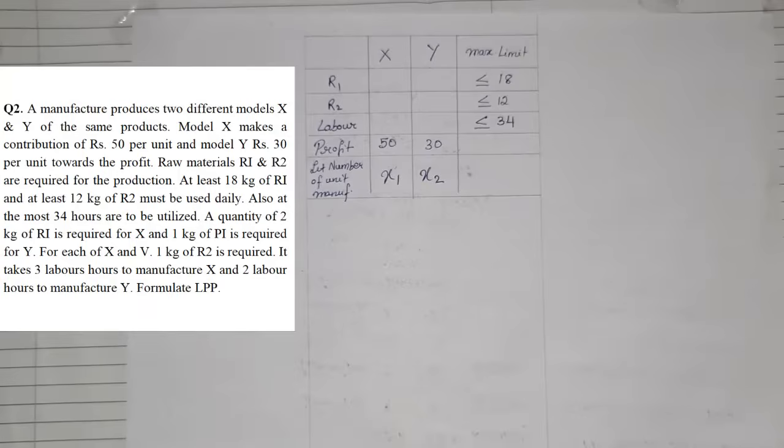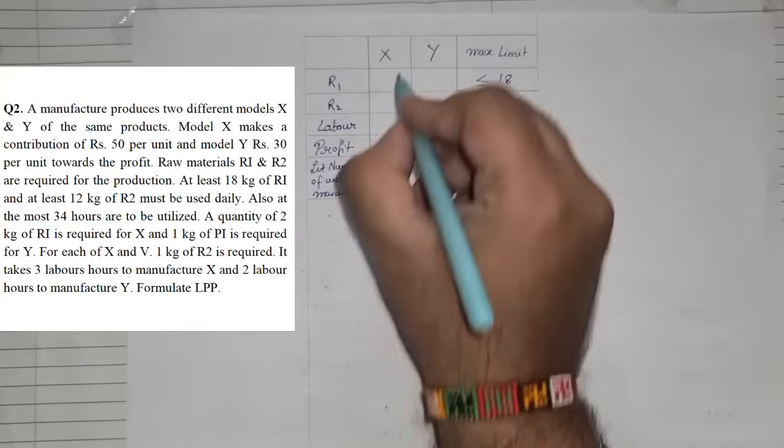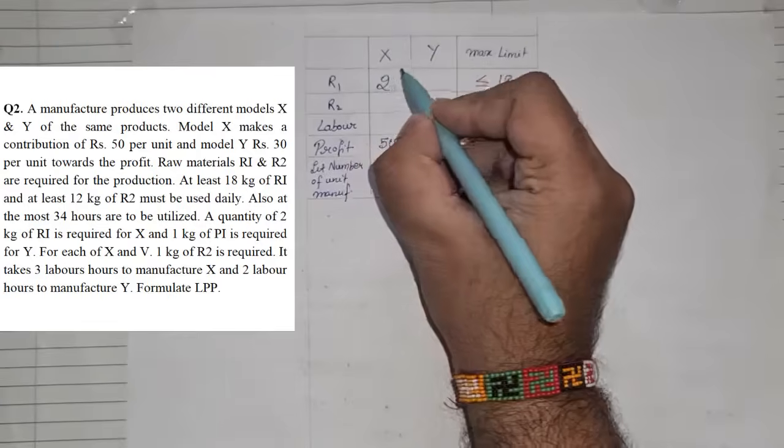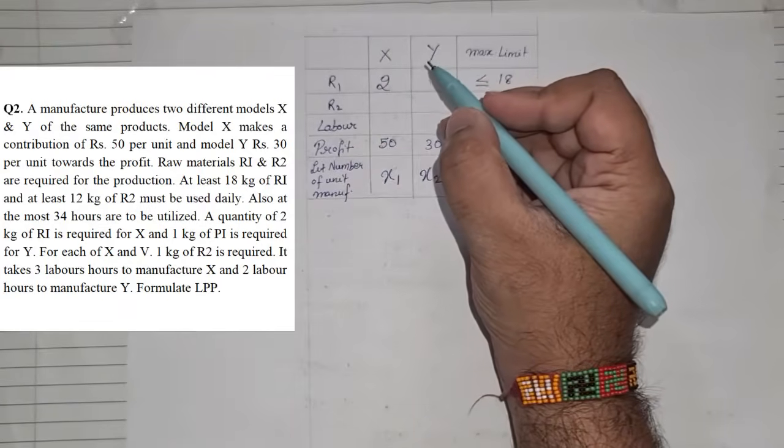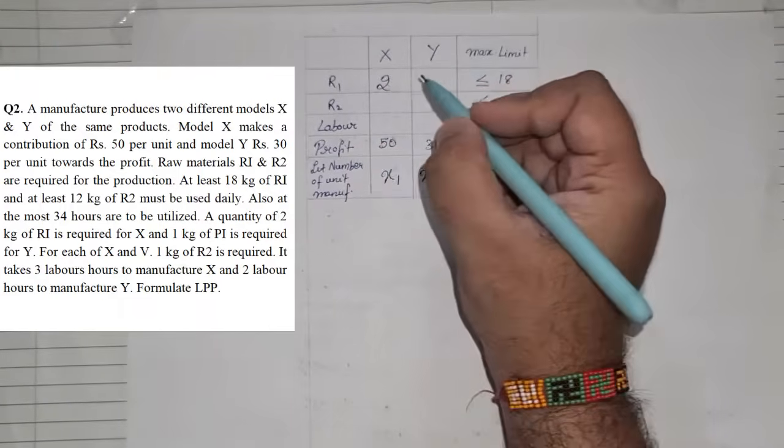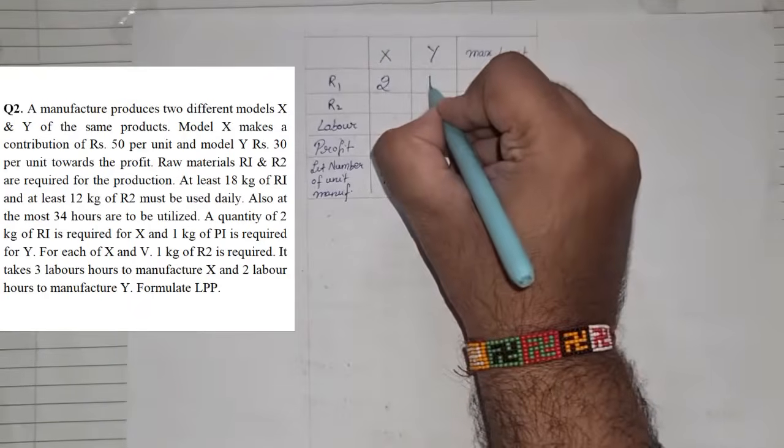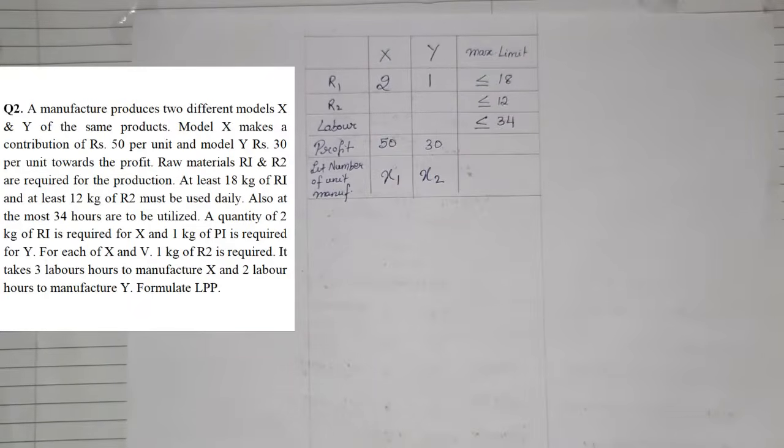Here it is given in the question at least 18 and 12, we have already done that. So we start with a quantity of 2 kg of R1 is required for X and 1 kg of R1 is required by Y. So I wrote here 2 and 1.